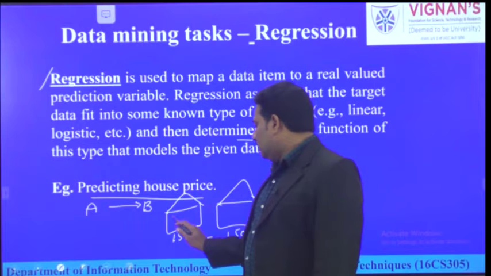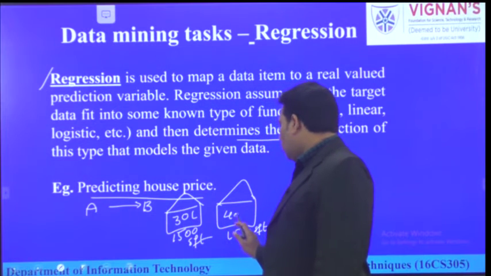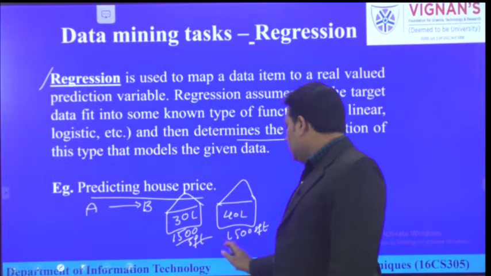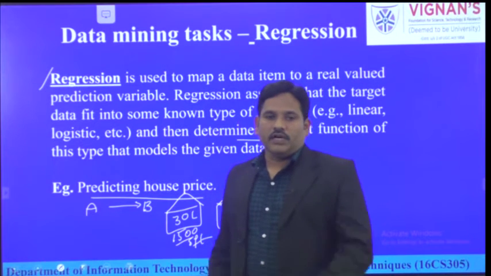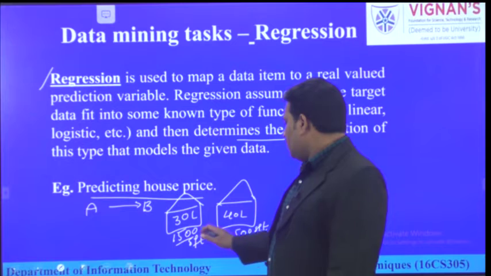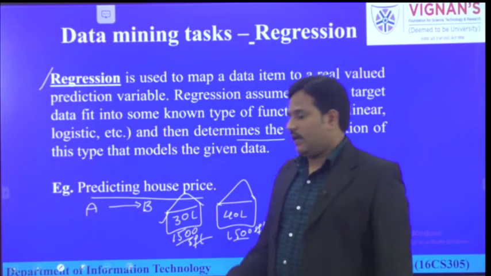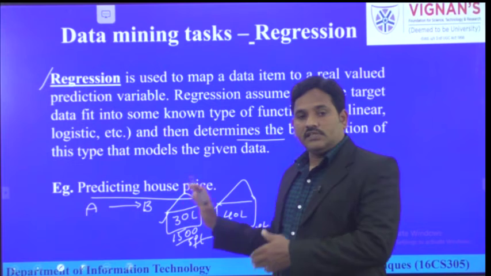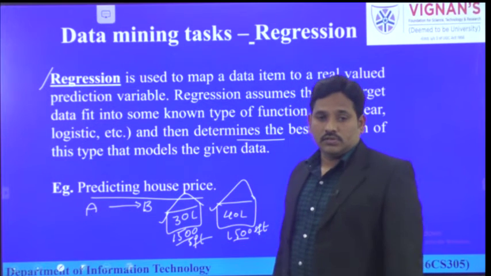And now they are telling the house is, here it is 30 lakh rupees and it is 40 lakh rupees. Look at here. Both houses have been built on a size of 1500 square feet. The first house's cost is 30 lakh, the second house cost is 40 lakh. What is meant by the variation of 10 lakhs between both the houses?